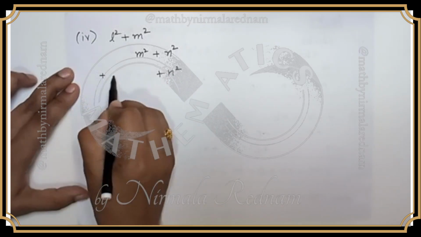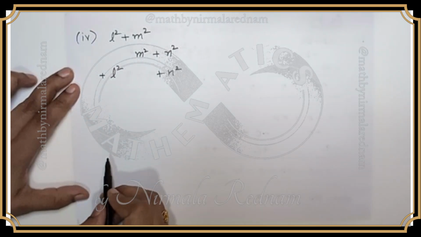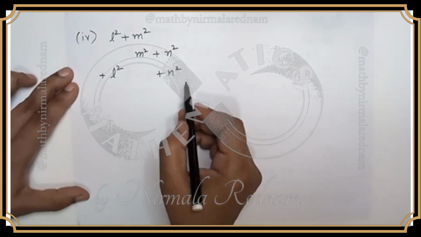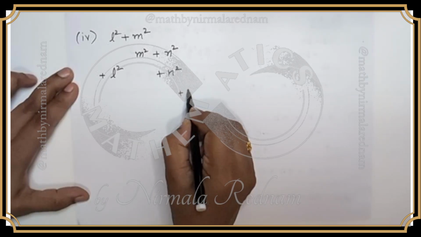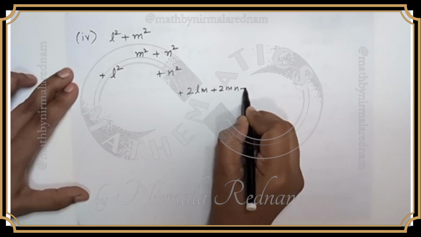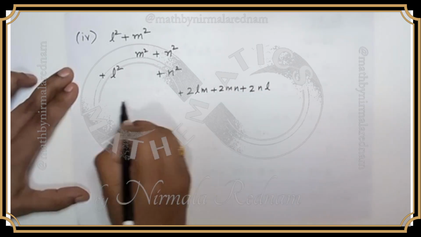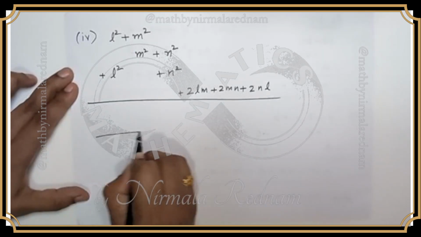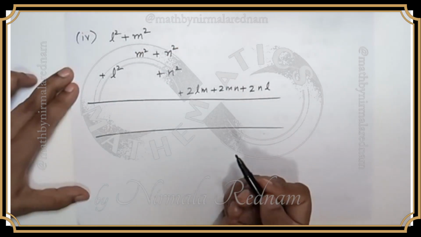I have an L square here, so I'm going to write it here. And there is a fourth expression, which is 2LM plus 2MN plus 2NL. Okay, absolutely no like term compared to the first three expressions.